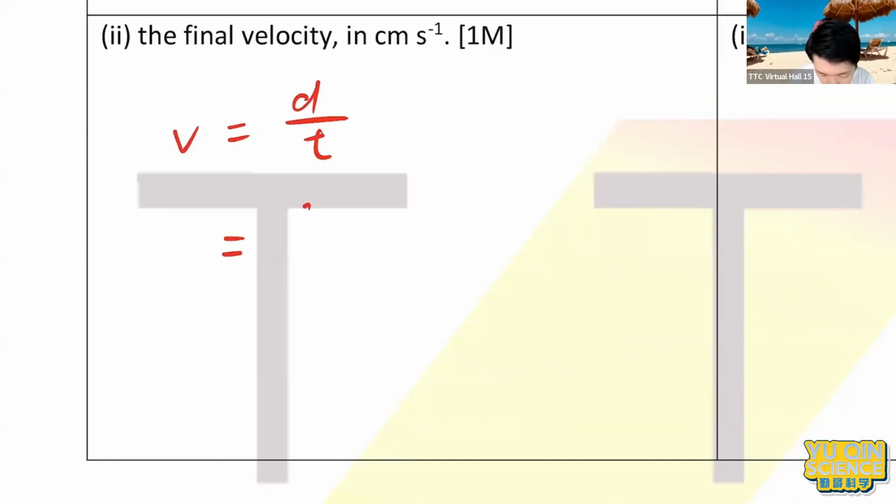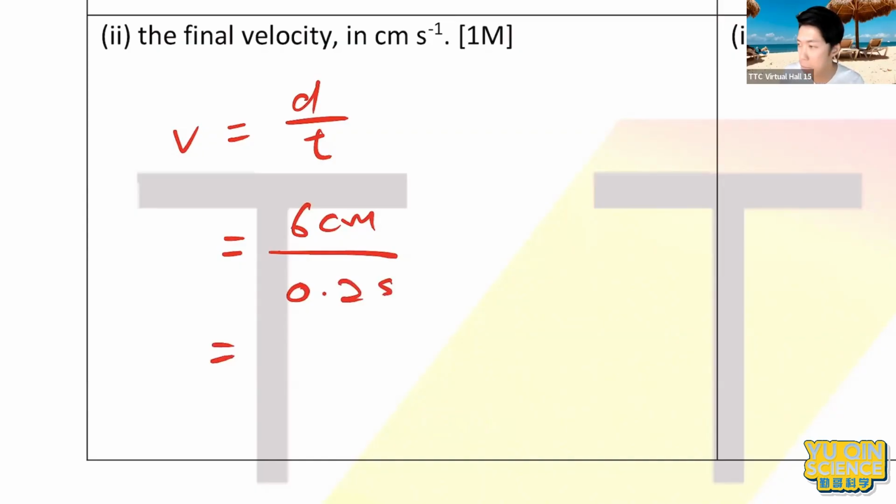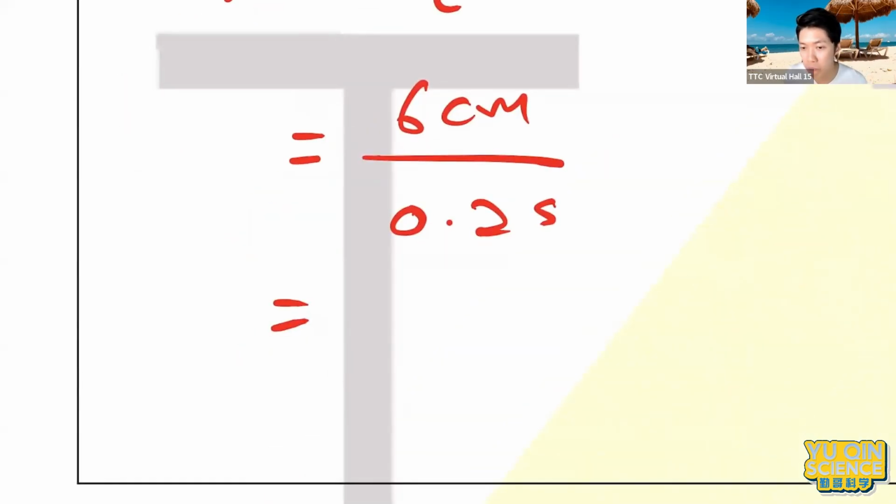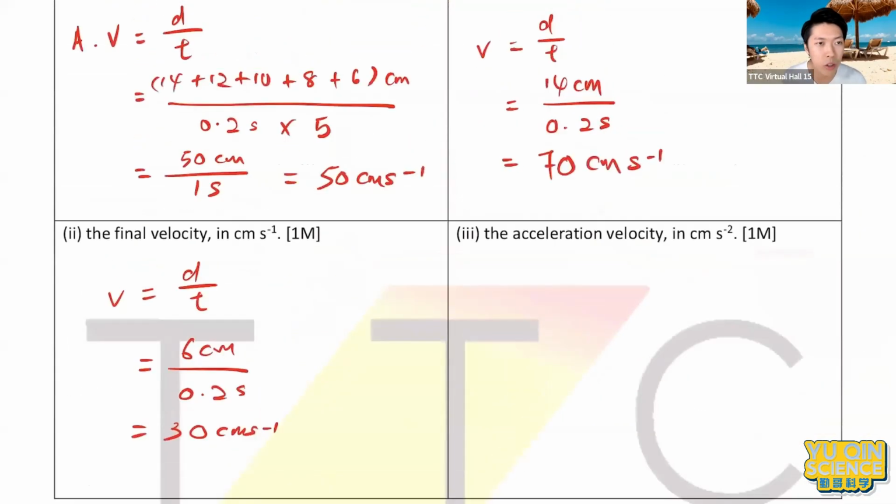Last strip is how long? 6 cm over time, 0.2 second. Okay, 30 cm s^-1.